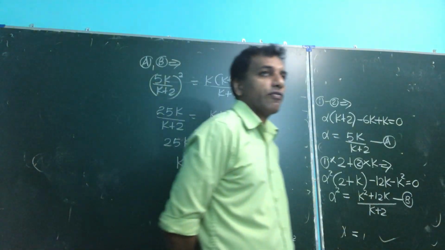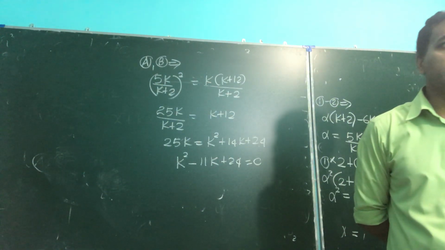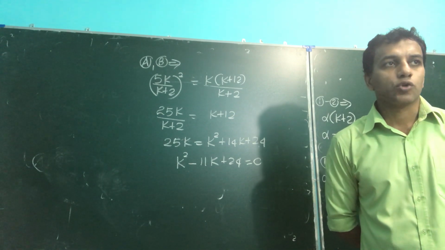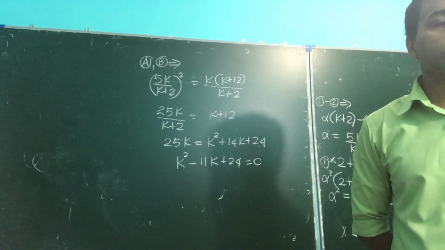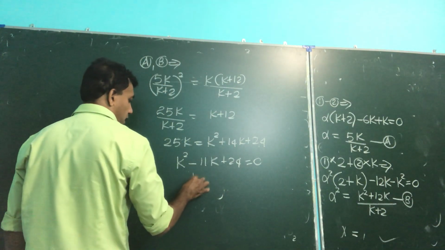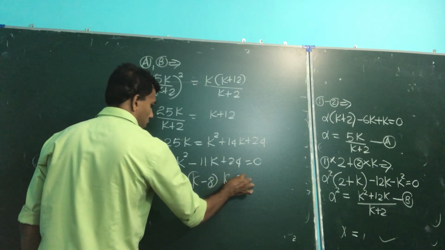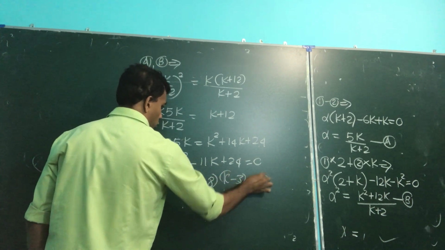Now solve, right? Find the two answers here. Factorize, no? Factorize: k minus 8, k minus 3 equal to 0.